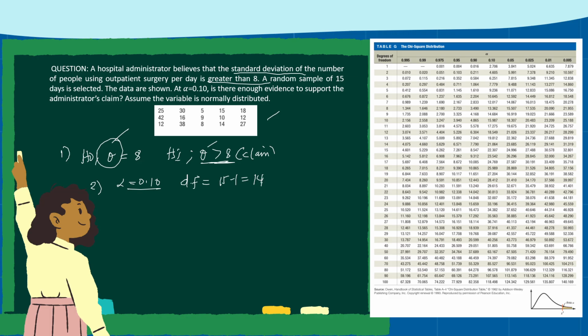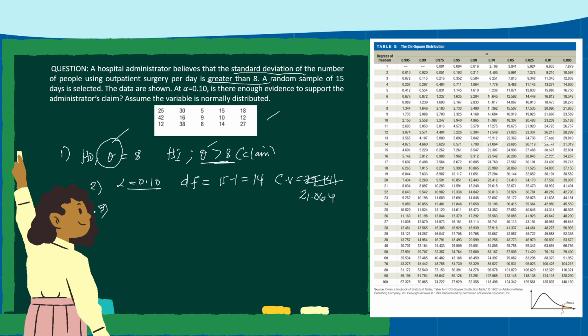So for 0.10 and 14, our CV is equal to 21.064.